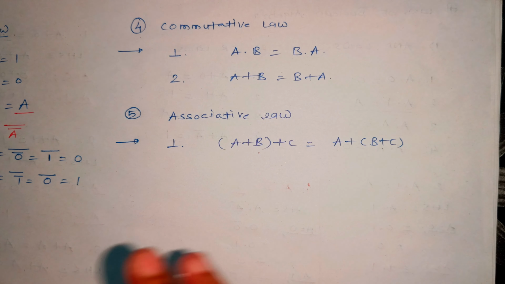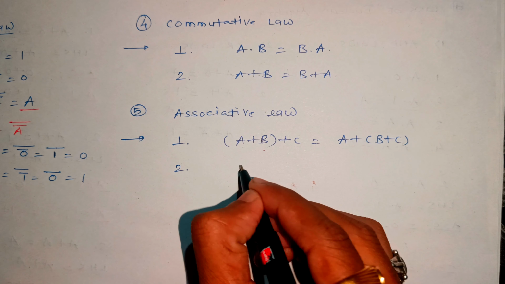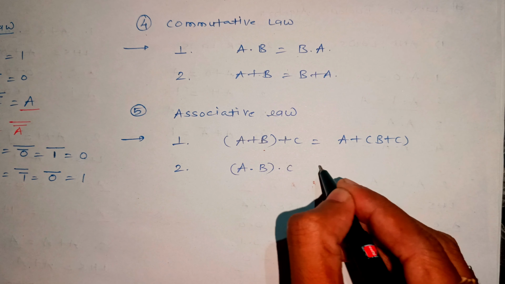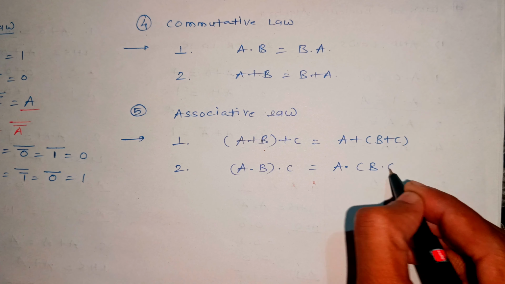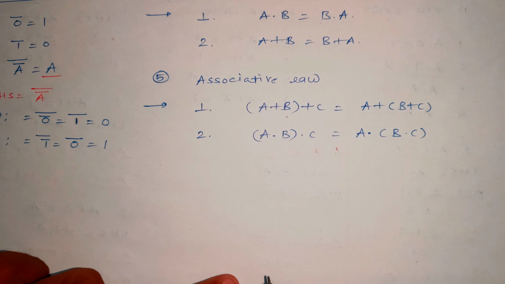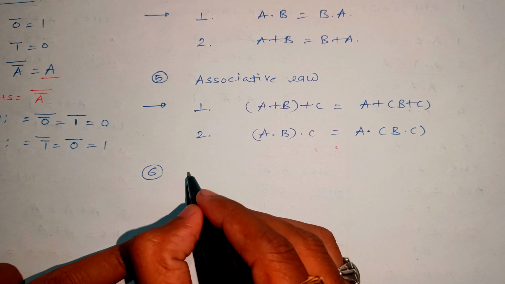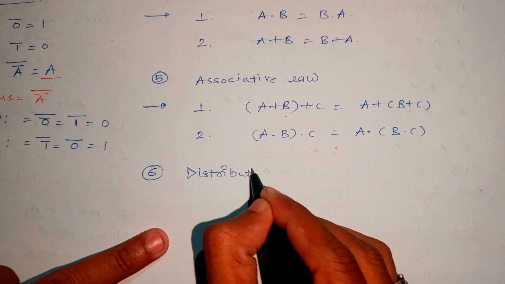So regrouping of the same variables, it will give the same result. Similarly, if I write it in terms of multiplication as a into b in first bracket multiplied by c, it will be equal to a into b multiplied with c. This is called as the associative law. Sixth law is called as distributive law.